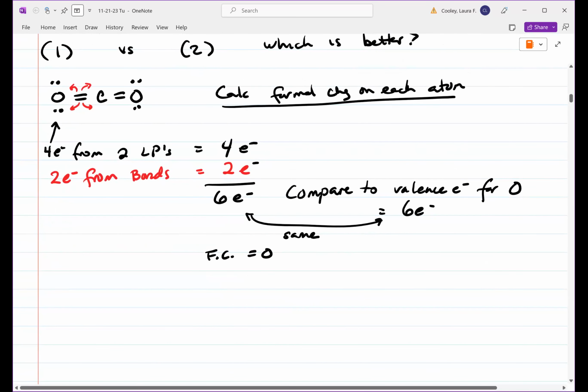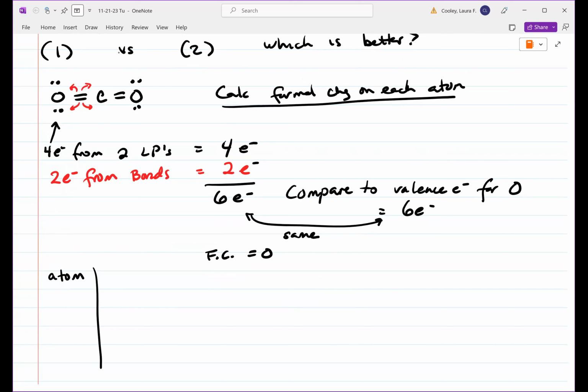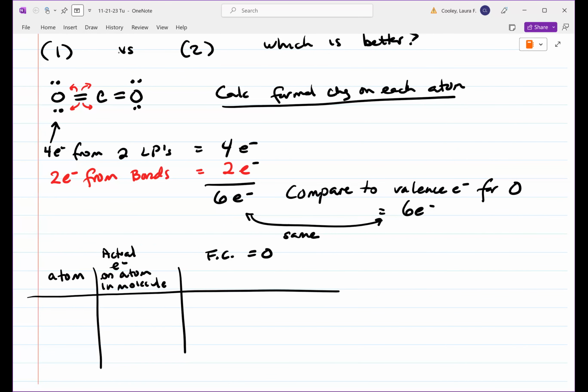Now, the other way that people like to do this is make a little chart: actual electrons on the atom in the molecule, and then the valence electrons, and then take the valence minus the actual, and that is the formal charge.